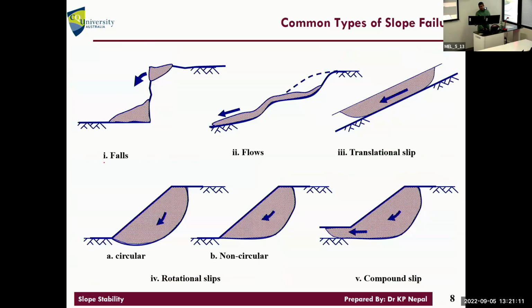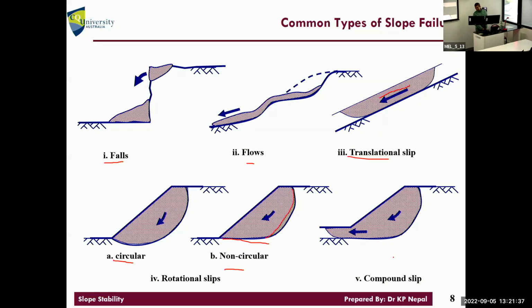We call it falls if it drops. Flows are just like a mud flow from the slope. Translational, if it just goes straight, not in a curve. Terminology here: translational slip. And this is a circular slip. Sometimes non-circular: some part is circular, some part is translational or vertical.